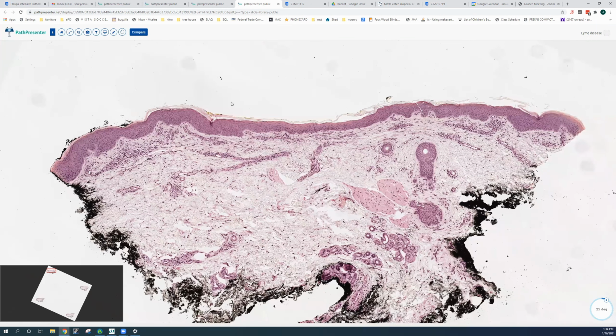We're going to start off with erythema chronicum migrans. And as you can see here, actually this is a typical appearance for ECM. The histology is not specific.